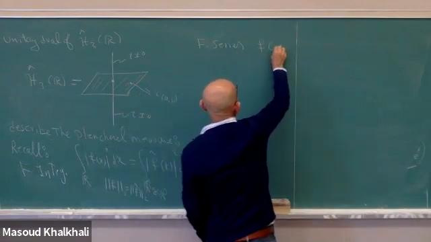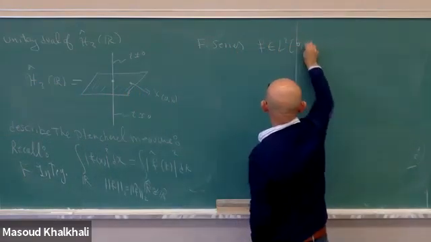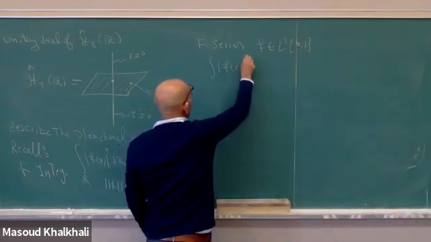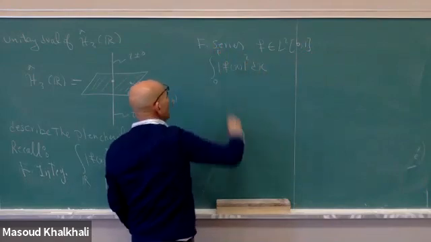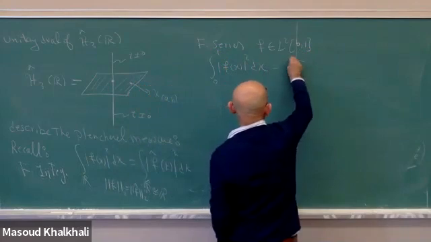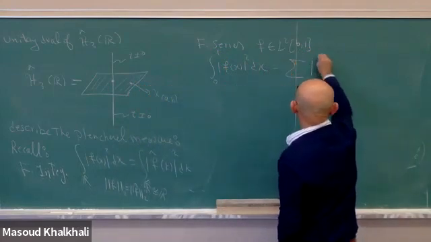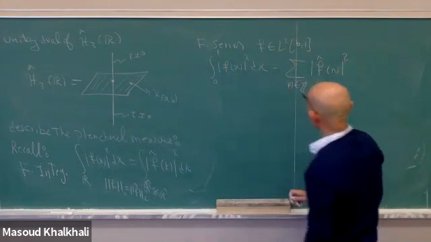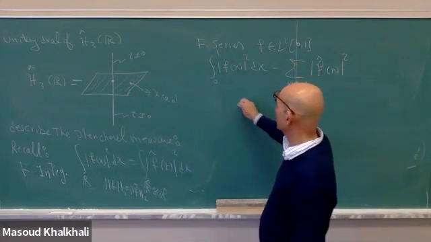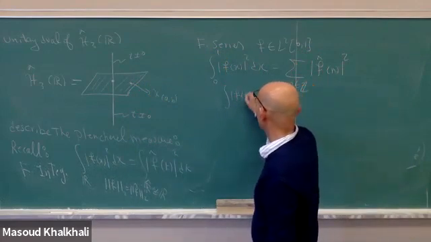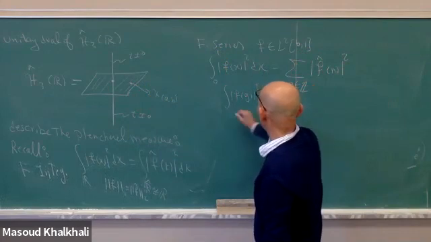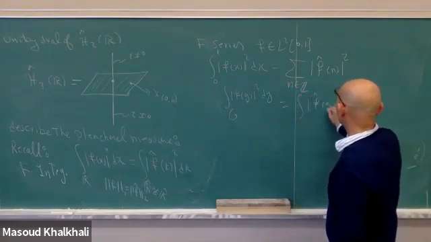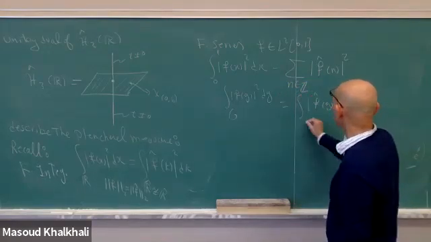And if you have f belonging to, for example, L2 of 0, 1, for periodic function, you have the integral of f of x squared dx from 0 to 1 is equal to the sum of f hat of n squared, n belonging to Z. Again, you can also see this as integration of this guy over G is equal to the integral of f hat of chi squared d chi over G hat.